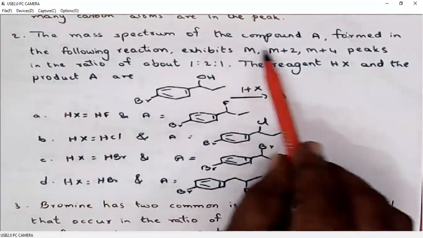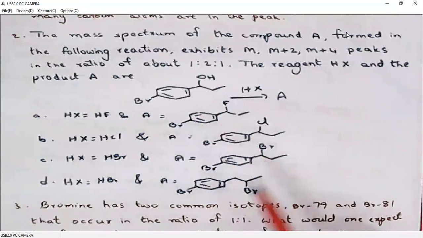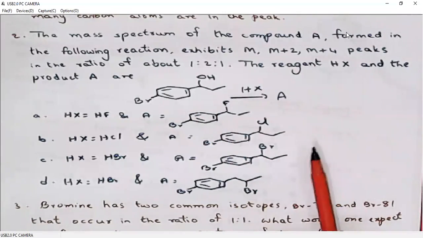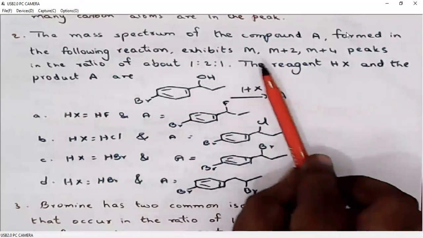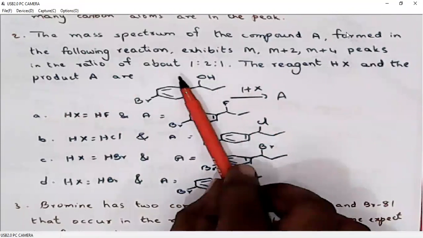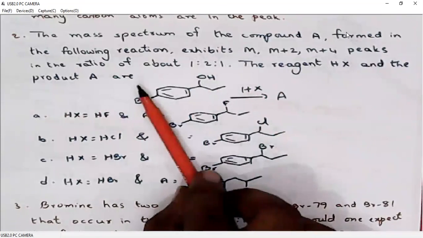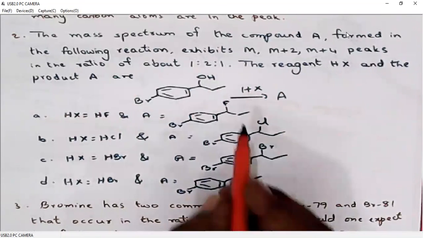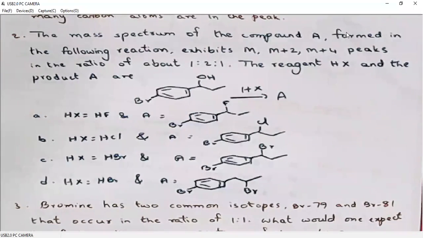The mass spectrum of the compound A formed in the following reaction exhibits M plus 2, M plus 4 peaks in the ratio of about 1:2:1. The reagent HX and the product A are? See, when you look at the ratio 1:2:1, you must identify that it is because of the presence of 2 bromine atoms.